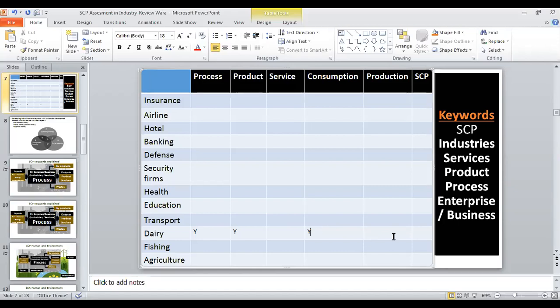Yes. Production related? Yes. So it's an industry, it has processes, it has products for consumption, and there is production.